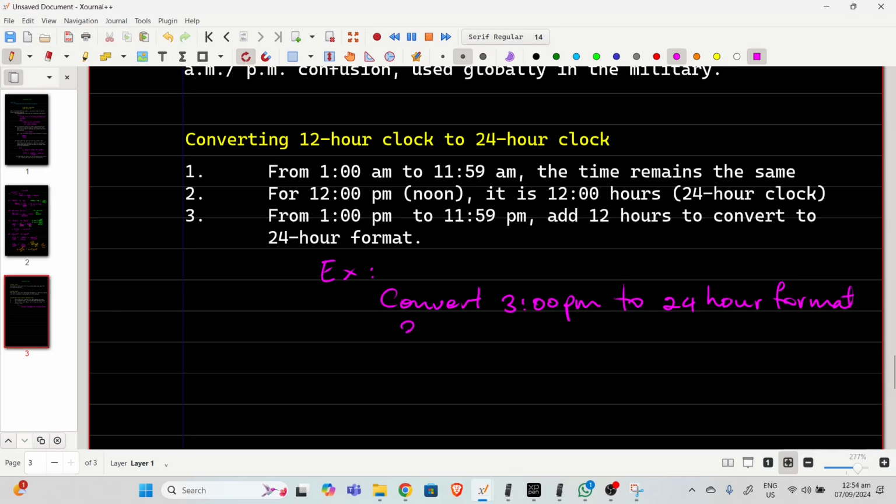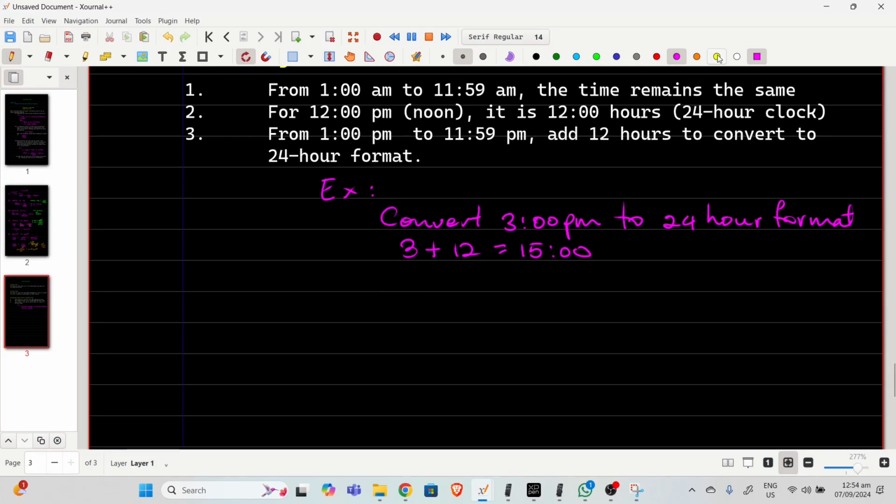We're going to say 3 plus 12, which is 1500 hours. All right. Very simple, very easy. So that 3 p.m. was after the 1 p.m. So we just simply add 12 to it. So 3 plus 12 and we get 15.